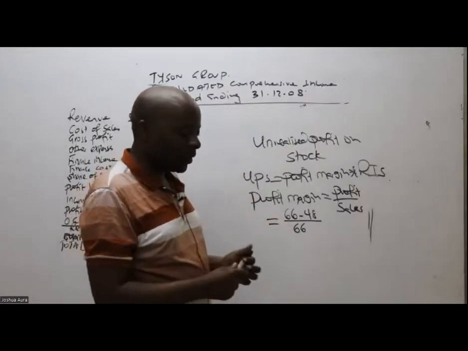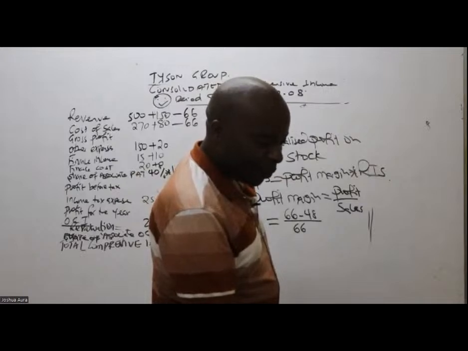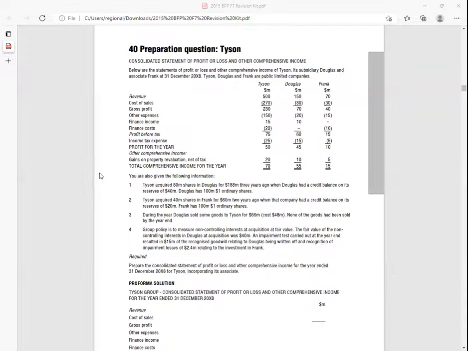I would want to repeat this again. First of all, I would want to share this with you. You can see, ladies and gentlemen, that during the year, Douglas sold some goods to Tyson for 66, costing 48. So the profit generated will be 66 minus 48, right?